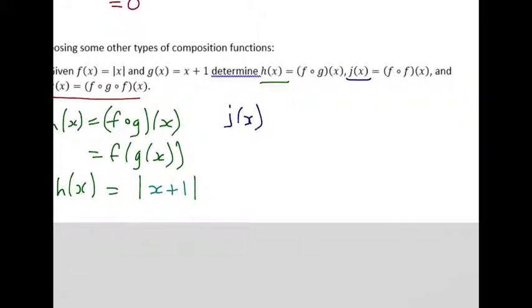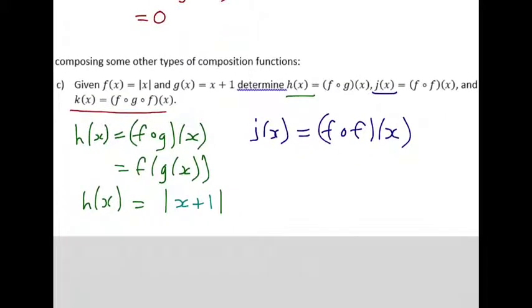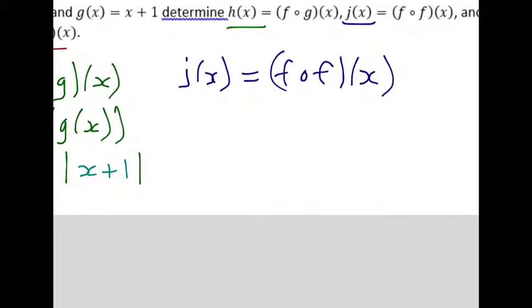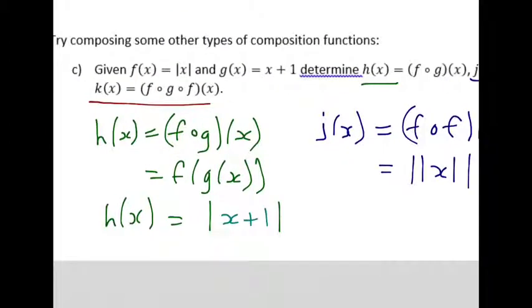So j of x, you have f composed inside of itself, which you can definitely do. Okay, so how would that work? Would it just be like double the number? It would be the absolute of x, which is a little bit overkill, but it works. The absolute of x, right? Wherever I saw x in my previous function, I replace that with the absolute of x.